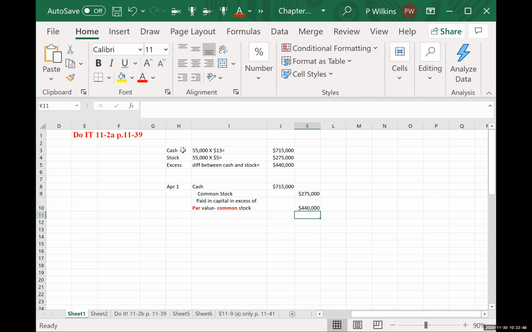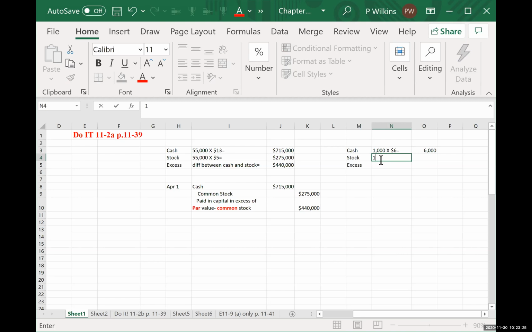We then need to do the cash, stock, and the excess for the other one, right? So they told us the other one, they issued 1,000 shares of $1 par value preferred stock for $6 per share. So our cash number is going to be the number of shares, in this case 1,000 shares, times the cash amount, in this case $6 a share. So that means $6,000 cash.